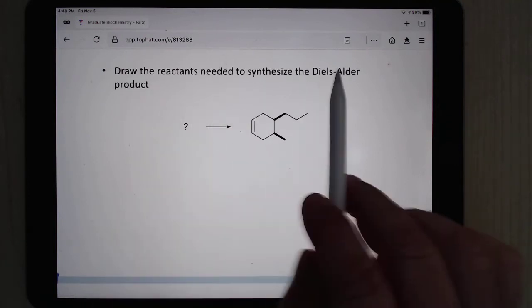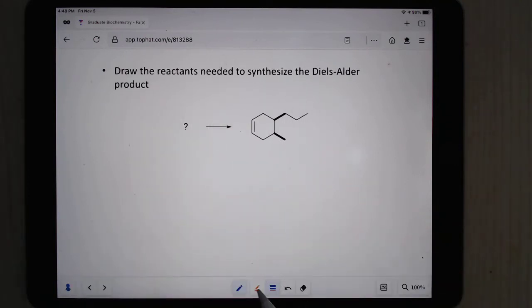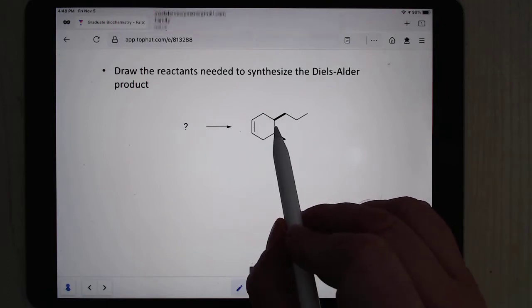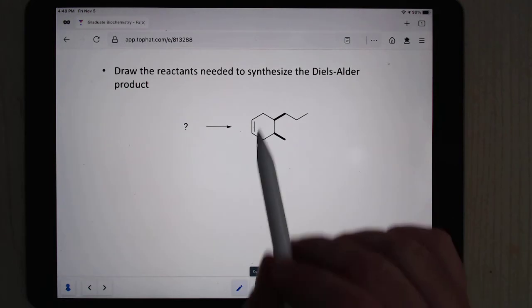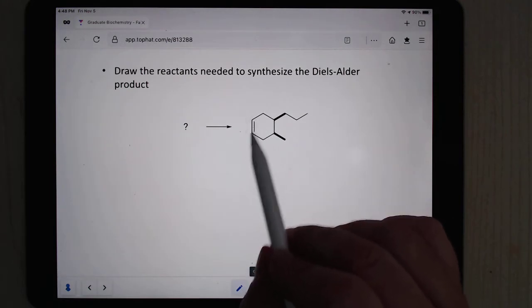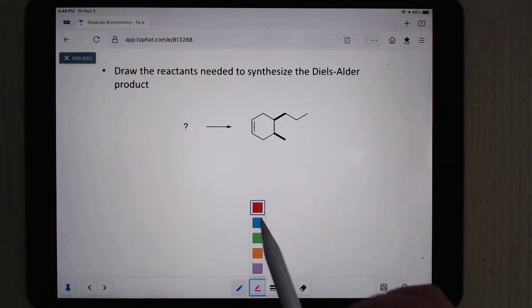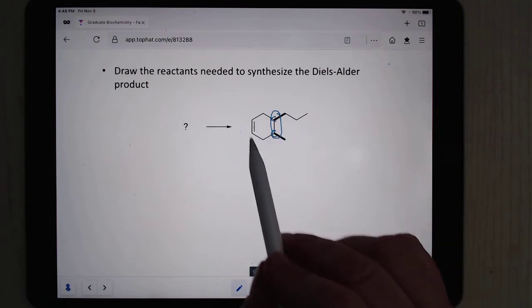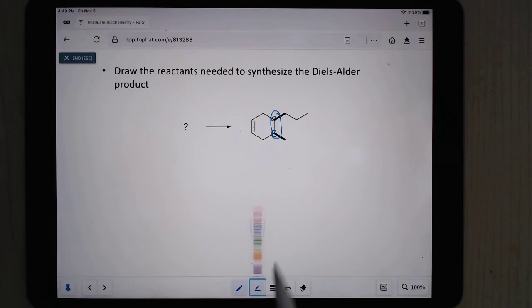Okay, so what would we need to synthesize this? Well, the dienophile is always opposite where the alkene is. So the dienophile here is here, which means these other four carbons are the diene.